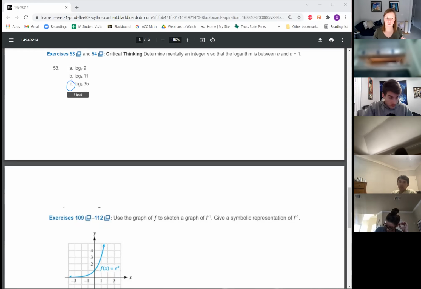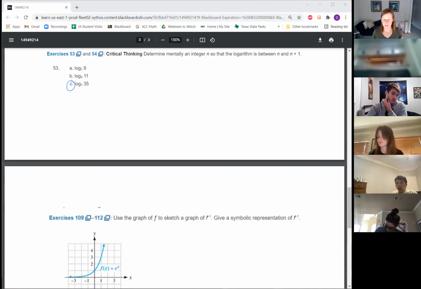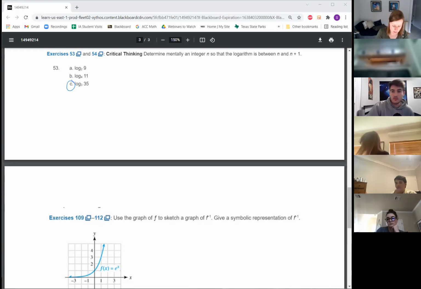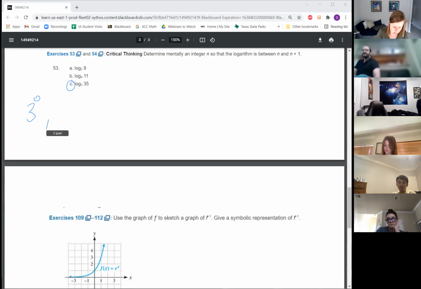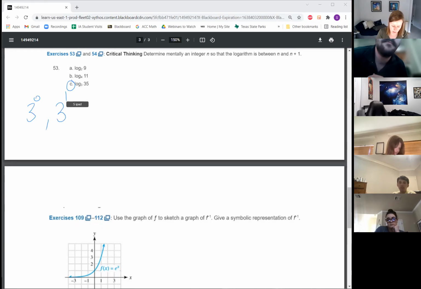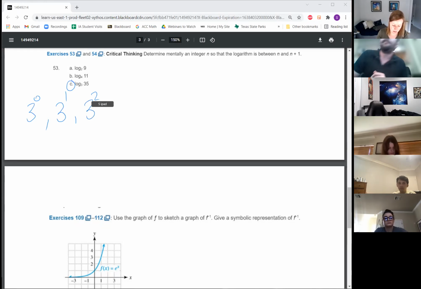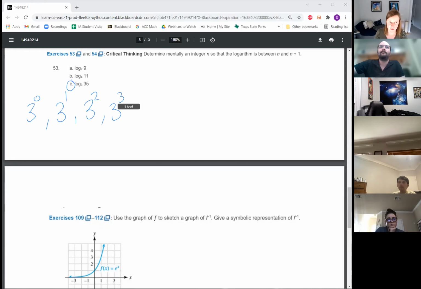We're trying to find the two integers it's between, like we did on that other problem. So maybe we could think of powers of 3. 3 to the 0 is 1. 3 to the 1 is 3. 3 squared is 9. 3 to the 3rd is 27.